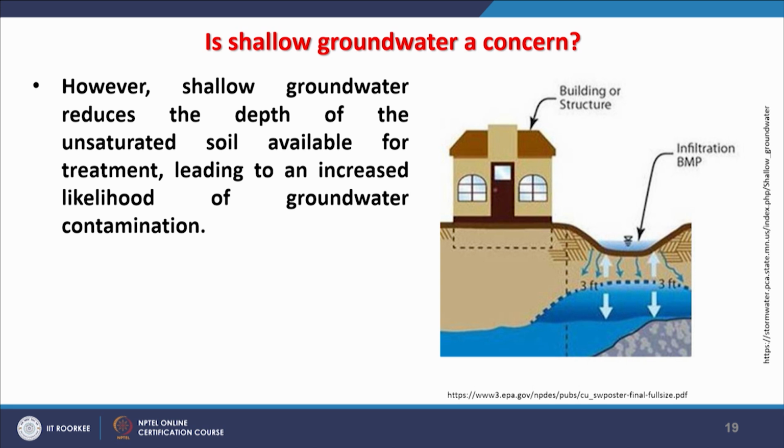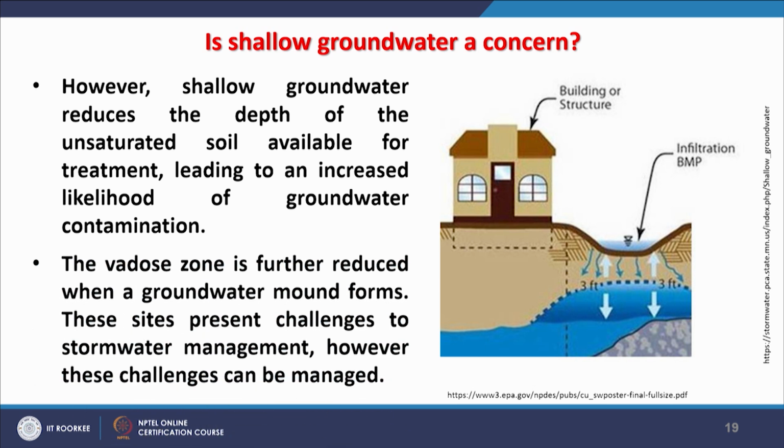I have already mentioned that a shallow groundwater regime is more likely to get polluted than a deep water regime or deep aquifers, because they are almost directly connected with surface water bodies, and if surface water bodies are polluted, then your groundwater regime or aquifers may also get polluted. The Vadose zone is further reduced when a groundwater mound forms, and these sites present challenges to stormwater management. However, these challenges can be managed. Technology and understanding about such things have been developed.